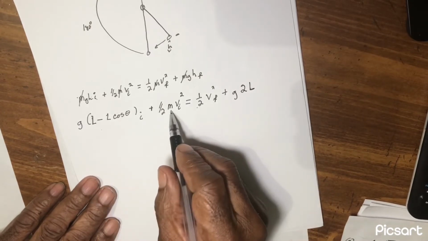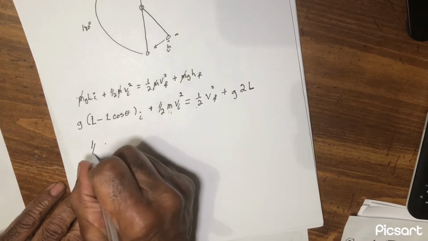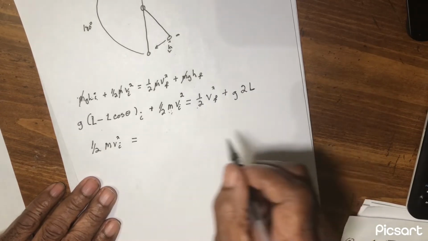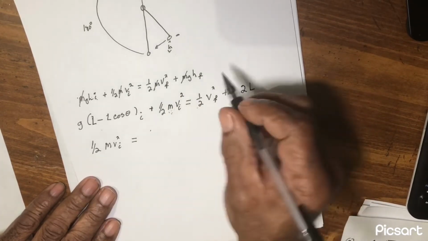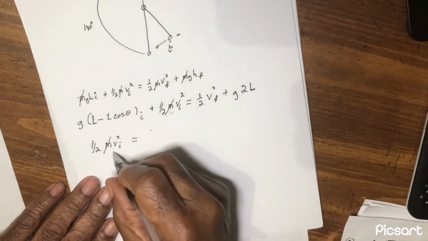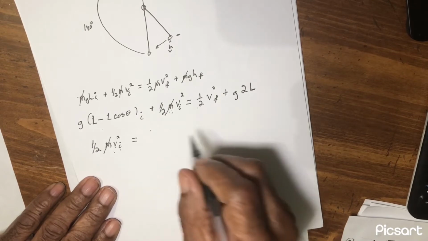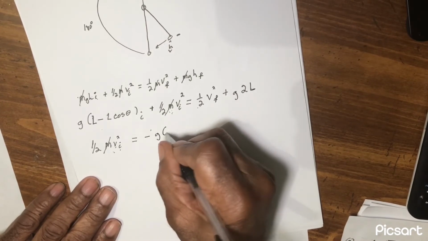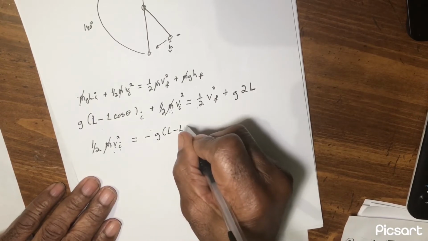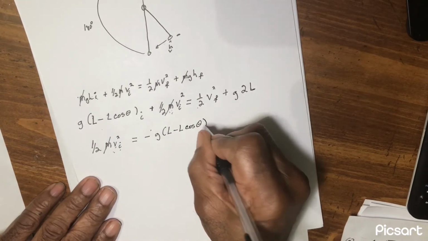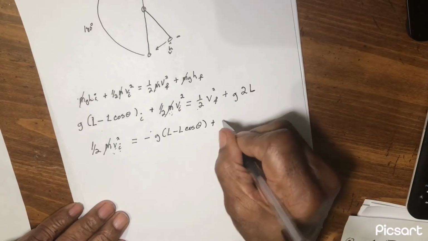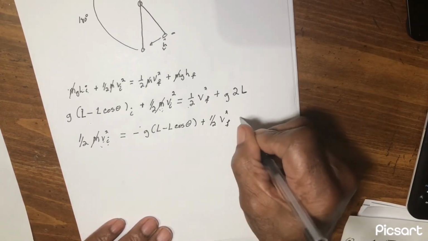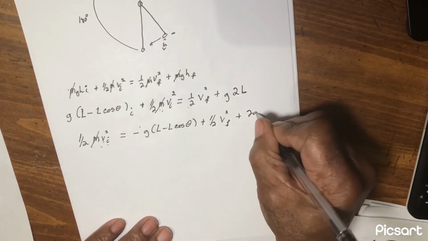Solving for this, 1/2 mv squared initial is going to equal, no m's, the m's have canceled, so get rid of that real quick. 1/2 v squared initial is equal to minus g, take this on the other side, L minus L cosine theta plus 1/2 v squared final plus 2gL.